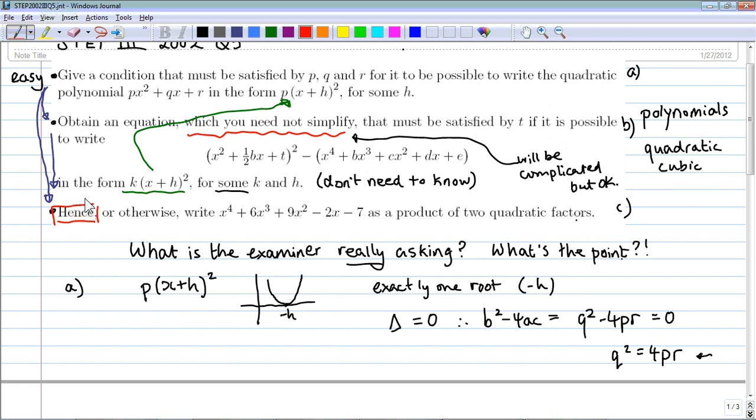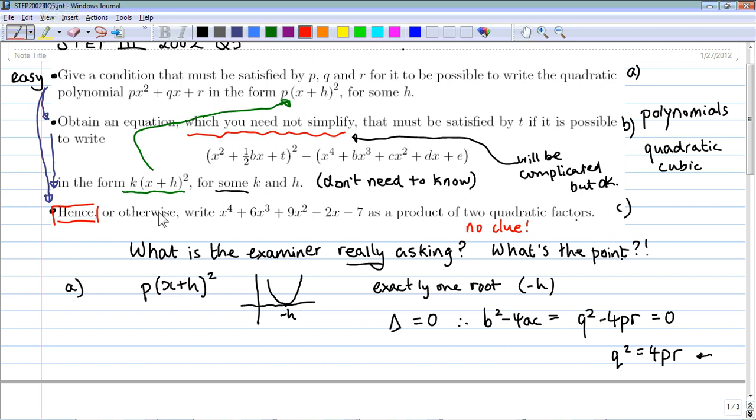Now, the other thing to notice about this third part of the question, which is again very common, is they're not giving you any clues, or at least it's difficult to say this. They're not telling you how to do it, but they certainly are giving you a clue in as much as by saying hence they're telling you that you should use the second part to do the third part.